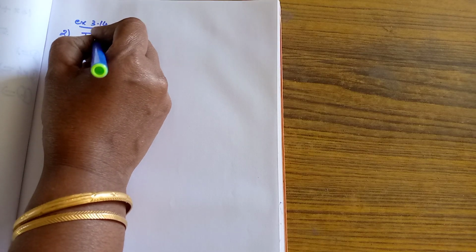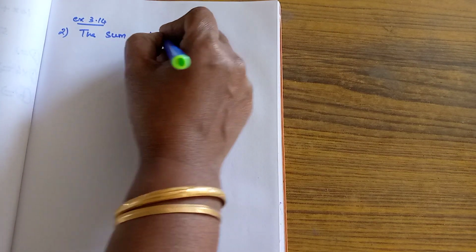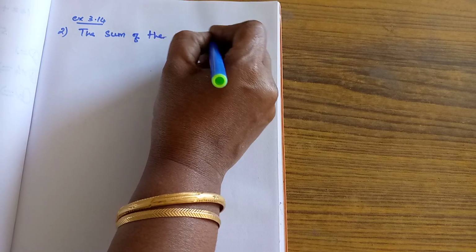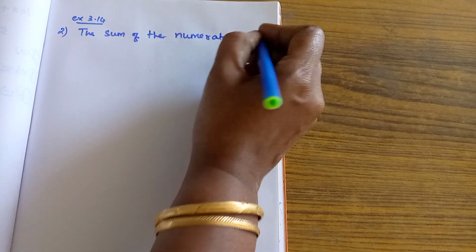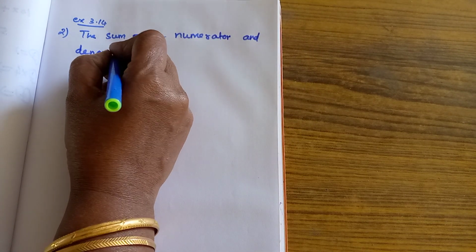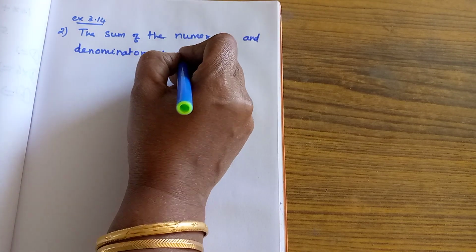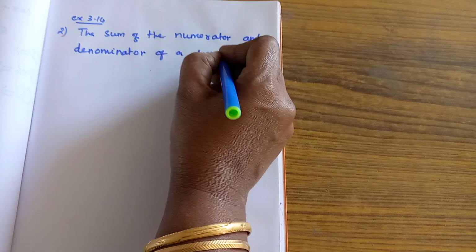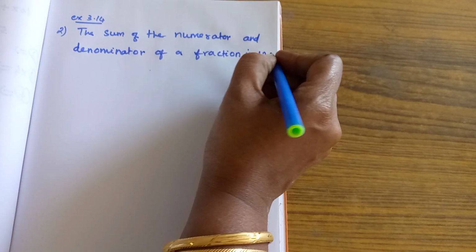The sum of the numerator and denominator of a fraction is 12.